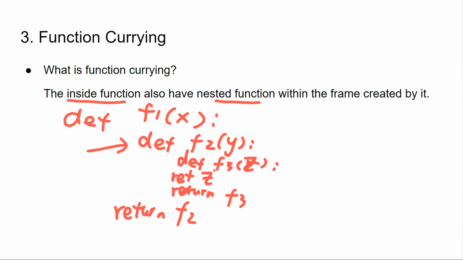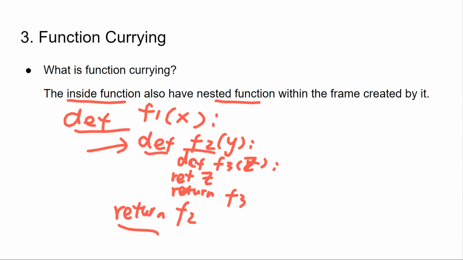So in function currying, the very outer function is a higher order function, and the middle function, meaning the nested function in the very outer function, is also a higher order function, and so on and so forth.